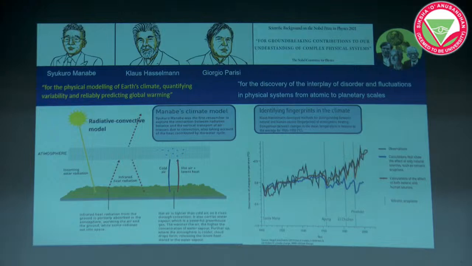Manabe developed a simple model in 1967 with Wetherald, which is known as the radiative-convective model. It's just a one-dimensional model of radiation and convection. They also did one experiment where they doubled the carbon dioxide in the model, and they showed that the temperature of the planet, once you double it, will increase by close to 2.3 degrees.